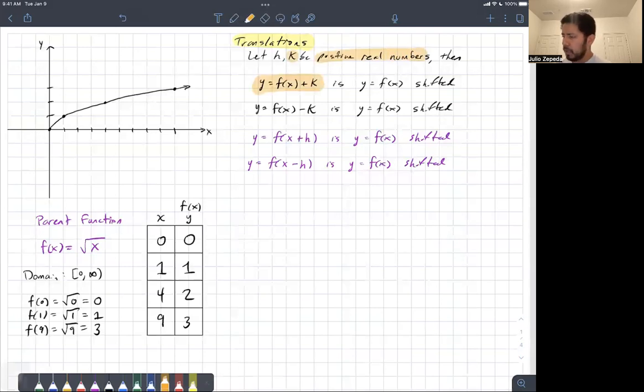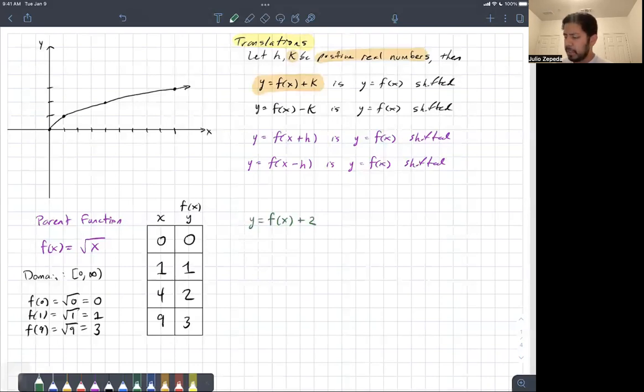Okay, so I'll do this in, let's see, what color will I use? I'll use green, and I'll write it in green. So we'll use y is equal to f of x plus, and what number should we choose? Let's choose 2, right? So what is this going to do?